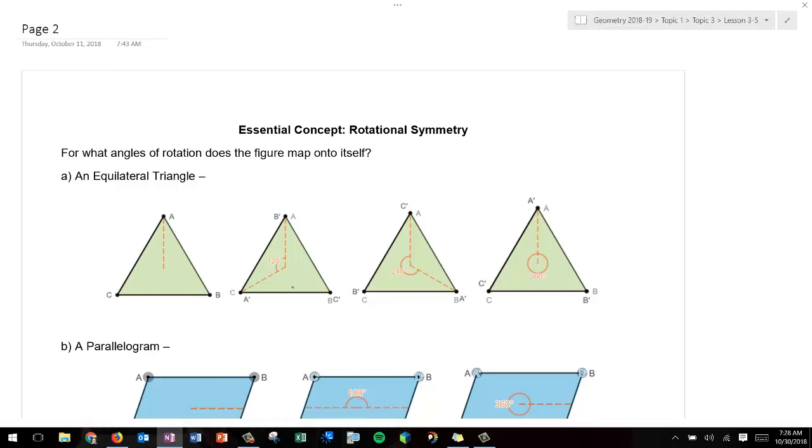And then I turn it 360 degrees and I get the same thing back. So whenever you're looking at rotational symmetry, they want to know how many times can you turn the figure before you get back to the beginning and still have the same thing. For an equilateral triangle, we can do that 3 times. We could turn it at 120, 240, and 360, and we still get the same figure.